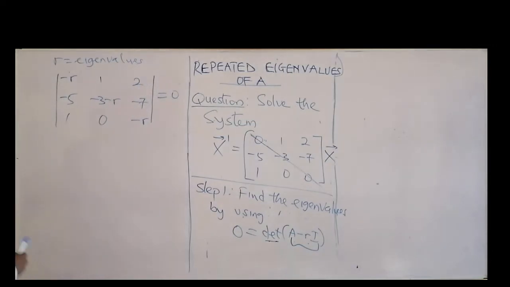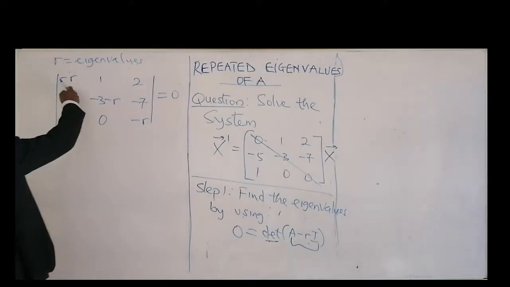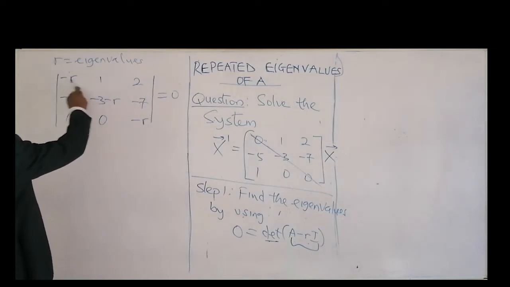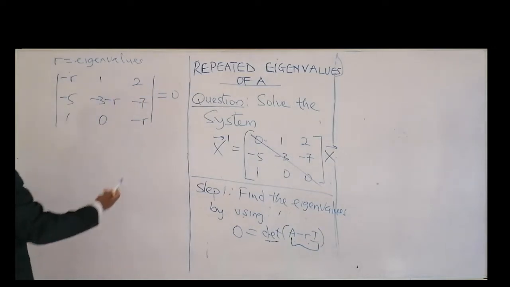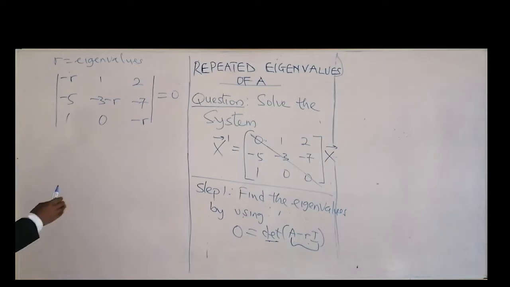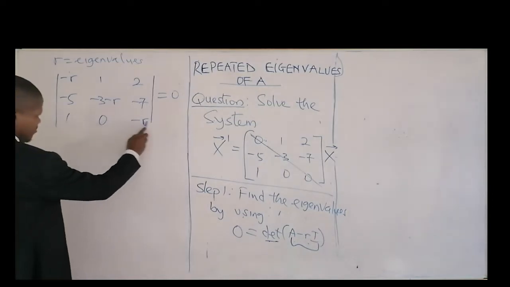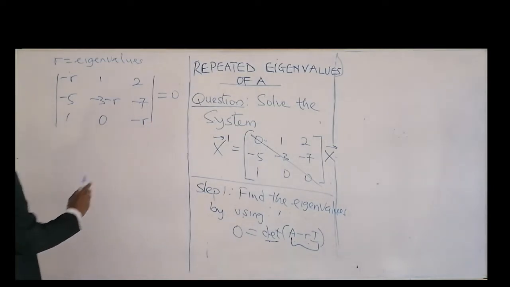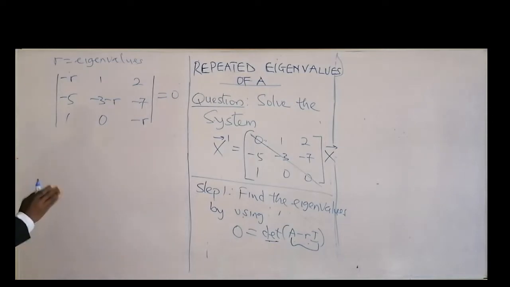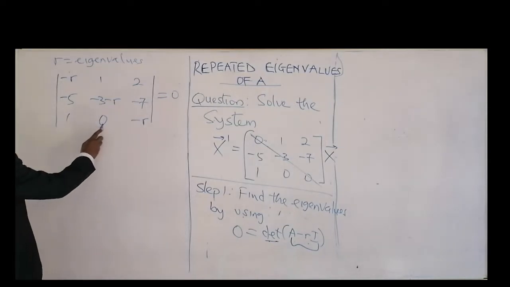Let's solve this determinant. When you're solving determinants, you check which approach will be faster. I could use row 1, the first row. I could also use row 2. But in this question, row 3 will be faster, because of the 0 here.